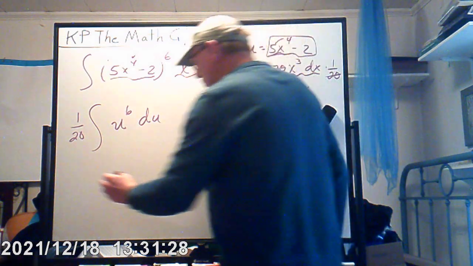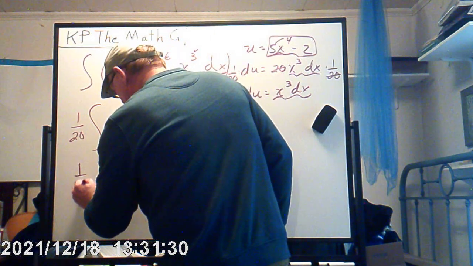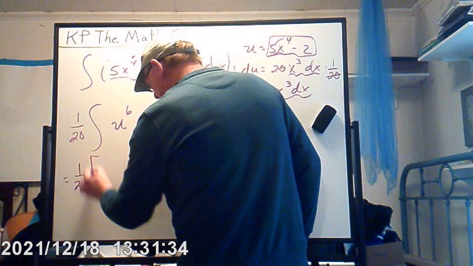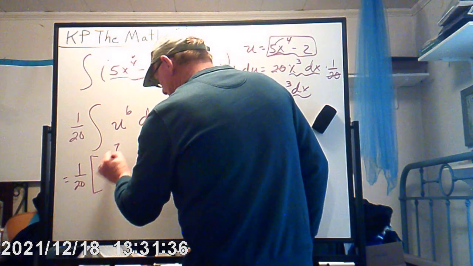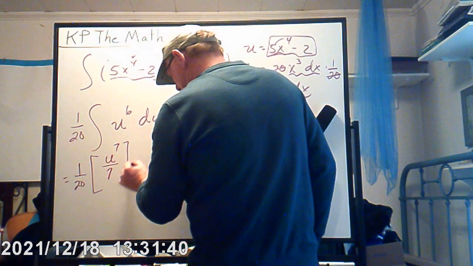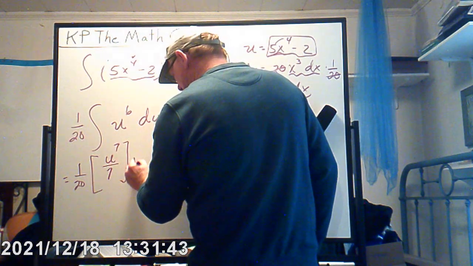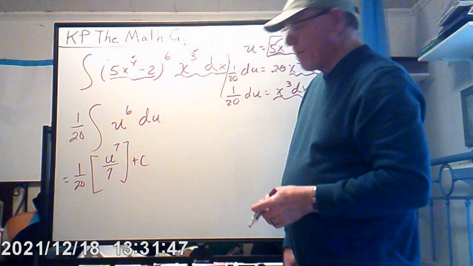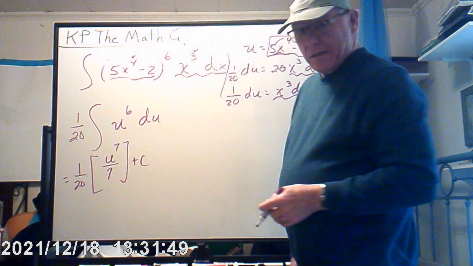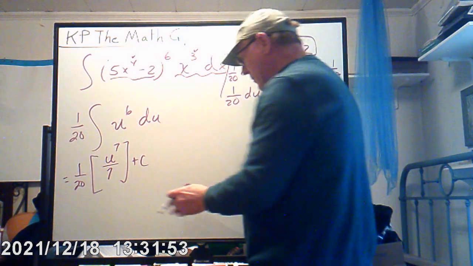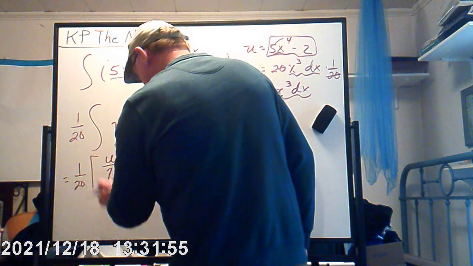Alright, so 1/20. Now look here. u to the 7th over 7. Oh, well, we could put plus c. Doesn't matter where we put it anyway, plus c. Now, let's see. I'm going to multiply 20 times 7. 2 times 7, 14.